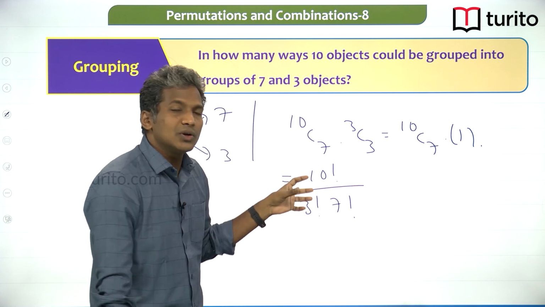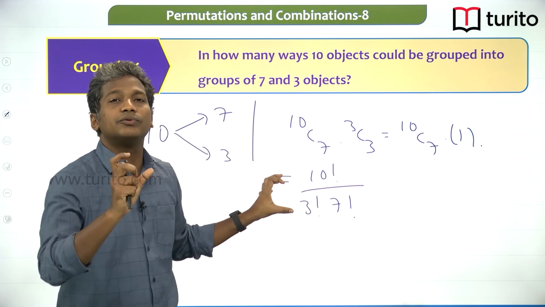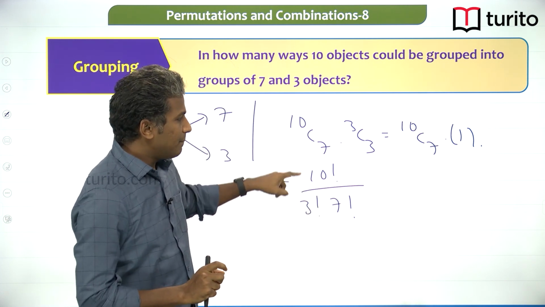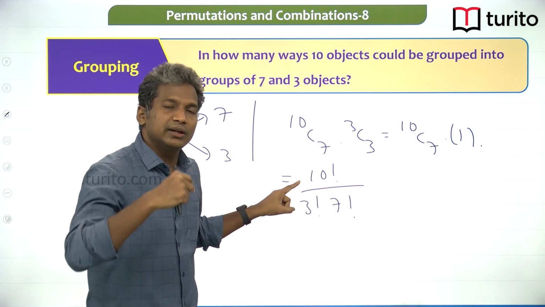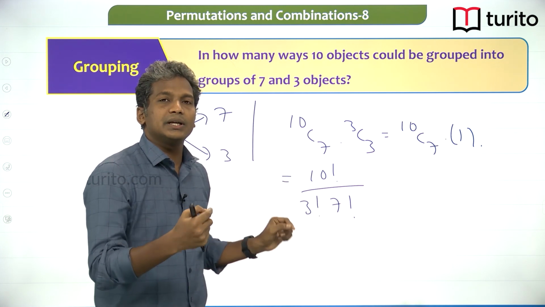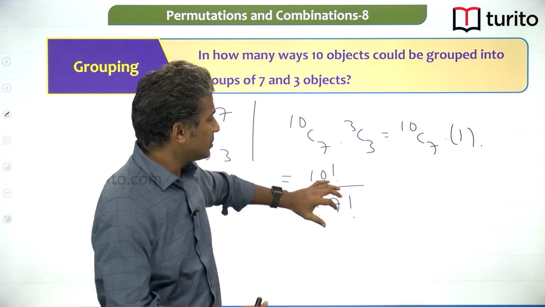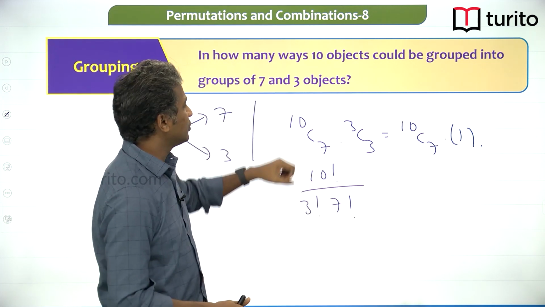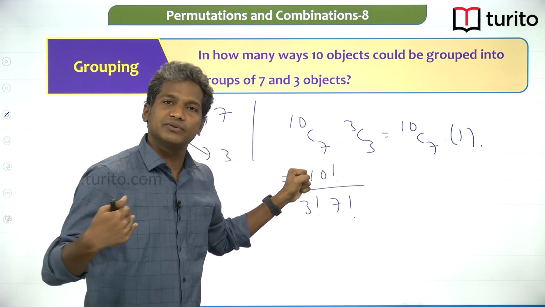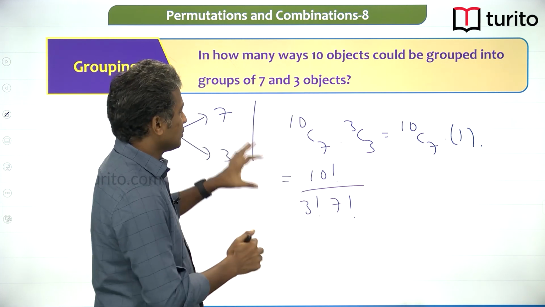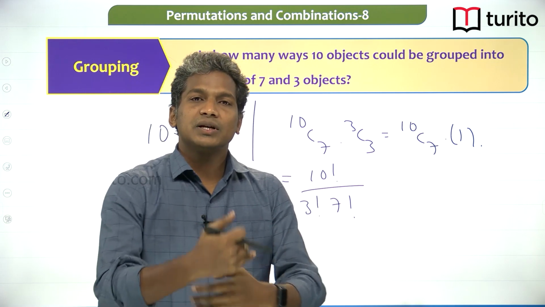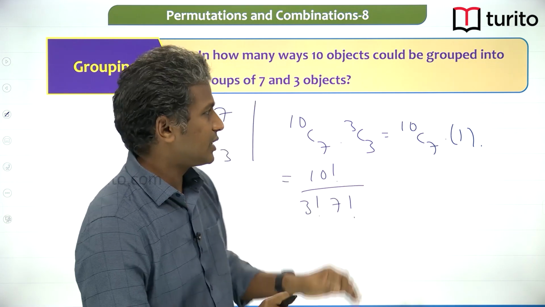So, this way you can also understand this as a formula. Where in the numerator the total factorial will come and in the denominator the factorials of each group will come. Okay. So, you can also remember it this way or you can also remember it as a process of selection. Okay. So, with this we have kick started our process of grouping. I hope you have understood the logic.